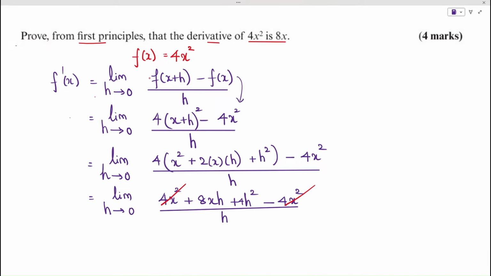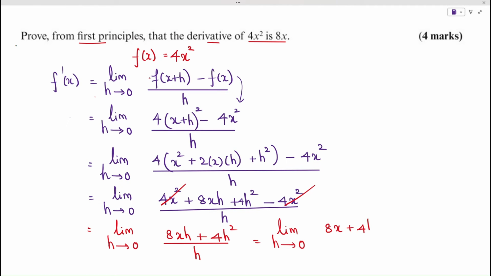So we're left with lim as h tends to 0, 8xh plus 4h squared all over h. And now, if we cancel out our h's, we're left with f prime of x is equal to lim as h tends to 0, 8x plus 4h.